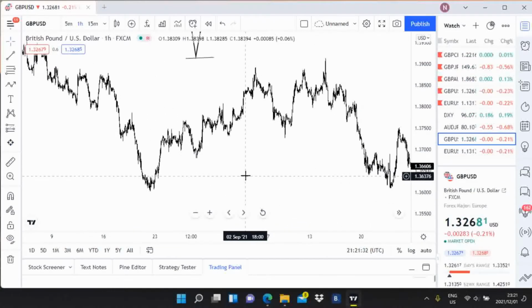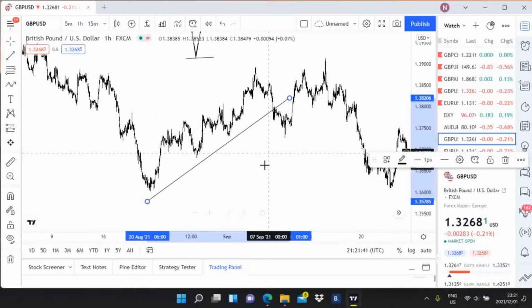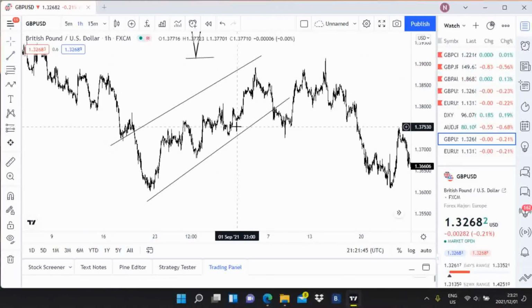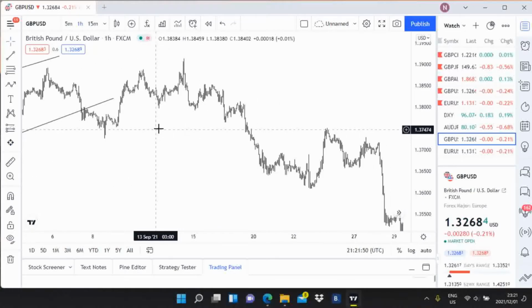Okay, that was that. So here there's another example. We have an uptrend here, and as you can see, you have your head and shoulder pattern here.